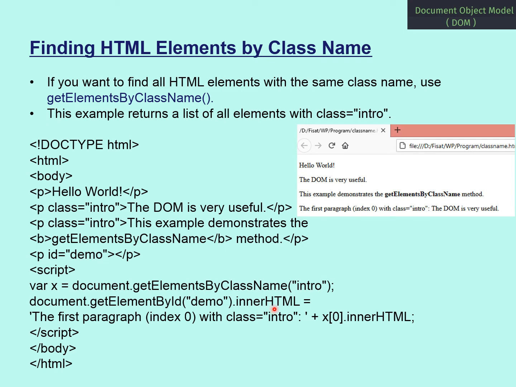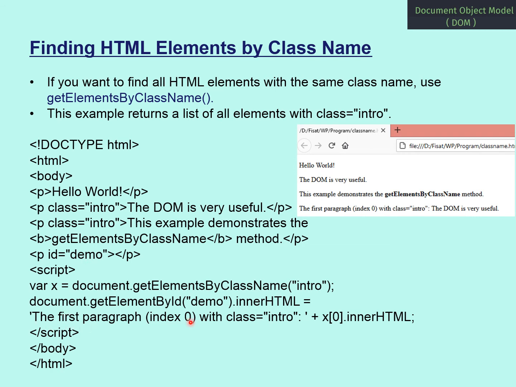So here also, the same as the previous, we are trying to place new data or a new value towards the corresponding id demo. The fourth paragraph has the id demo. So for the fourth paragraph we are trying to place new data or a new value. The value is this.